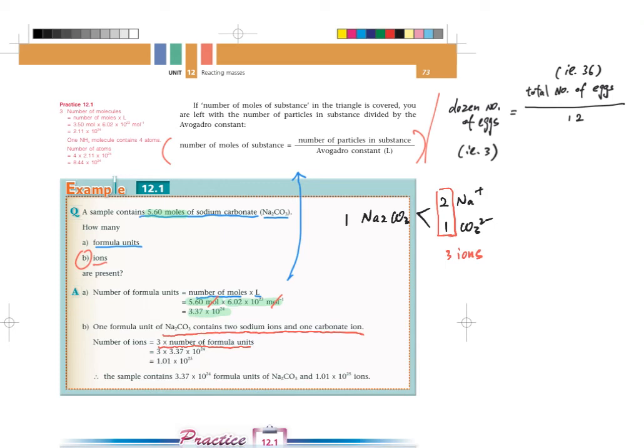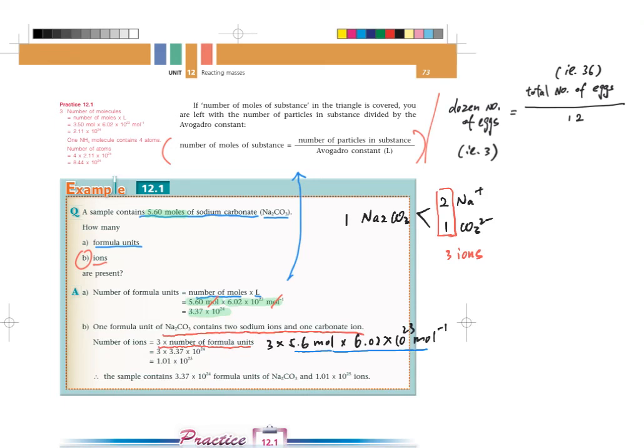Or you can use 3 times 5.6 mole times 6.02 times 10 to the power 23 mole -1. You still can find the final answer, because 5.6 mole times 6.02 times 10 to the power 23 gives the total number of particles in sodium carbonate.